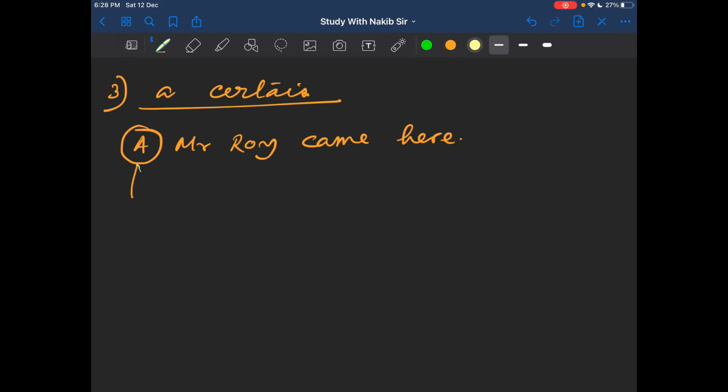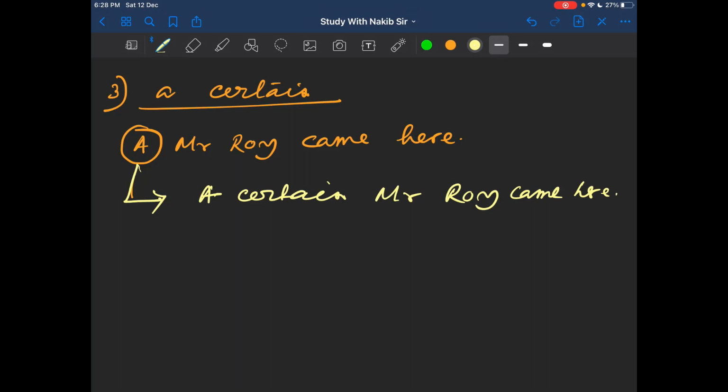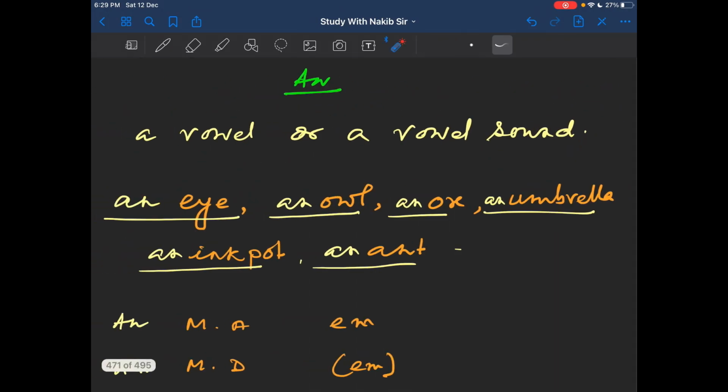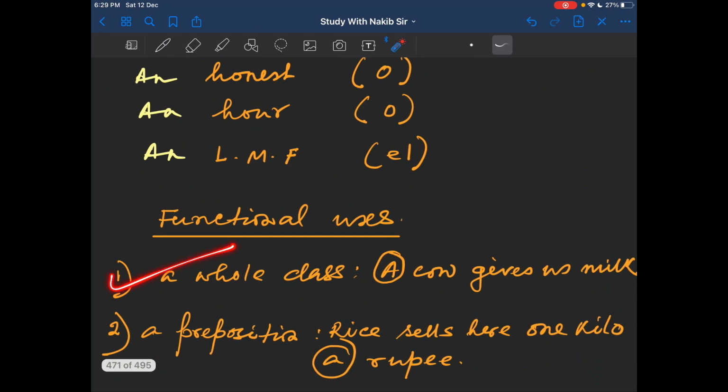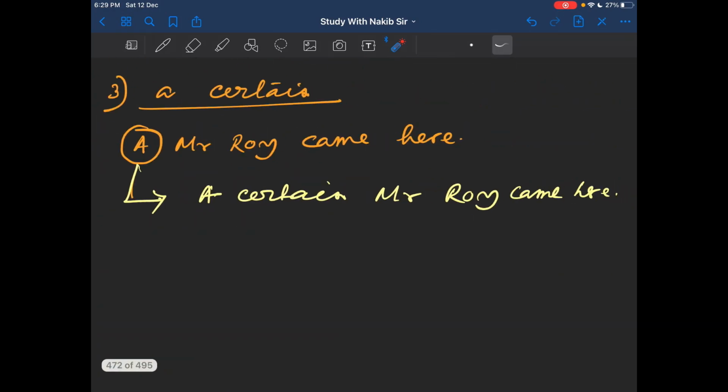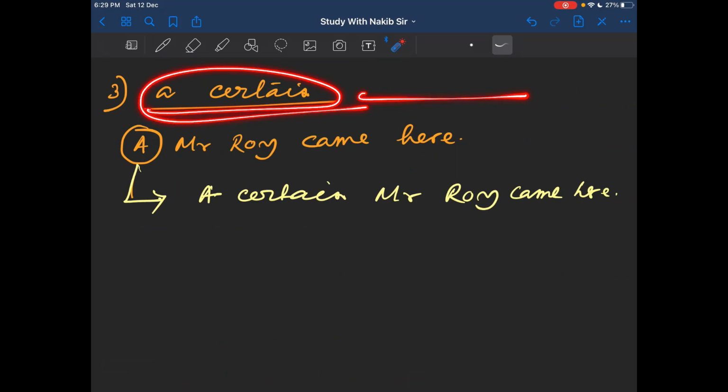A Mr. Roy came here means a certain Mr. Roy came here. That means one man came here and his name is Mr. Roy. So functionally, an article can be used before a noun to indicate the whole class, before a noun as a preposition to connect the noun with the rest of the sentence, and before a noun in the sense of a certain.